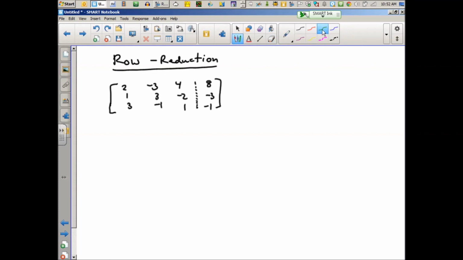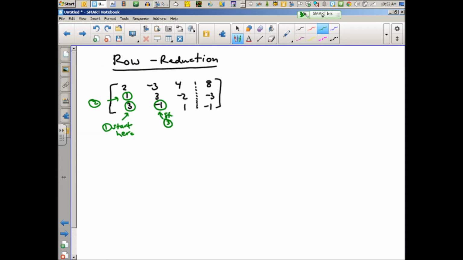You might want to write this down. There are many zeros that we wish to get. I always start here. Okay, so step 1 is to create a 0 in this spot. Step 2 is to create a 0 in this spot. Step 3 is to create a 0 in this spot.